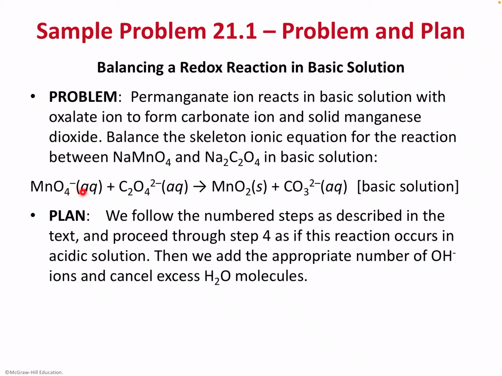In this reaction, we are only given the ions, but ions cannot exist by themselves. They have to have a counter ion. So permanganate comes as sodium permanganate, and oxalate comes as sodium oxalate.